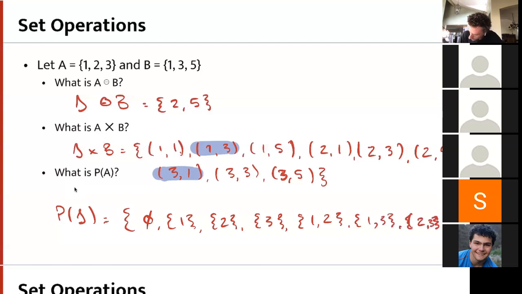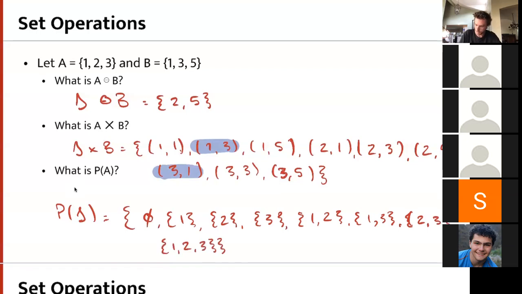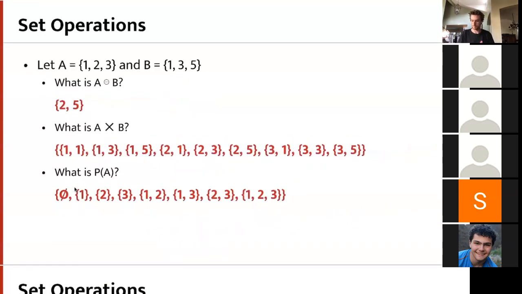Whoa, I'm getting real loose with the curly braces, I'm sorry. Okay, and then you have obviously the full set. Yeah, so it looks like here we are saying that 1, 3, and 3, 1 are both in it, but they don't need to be.